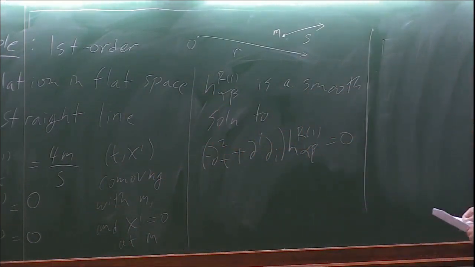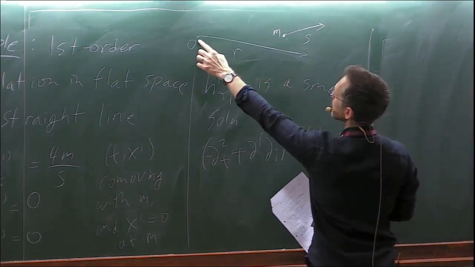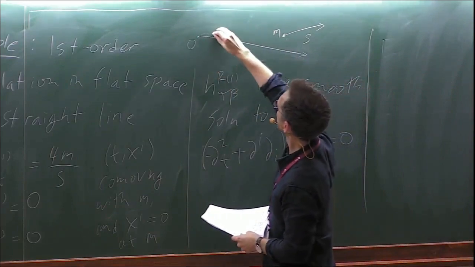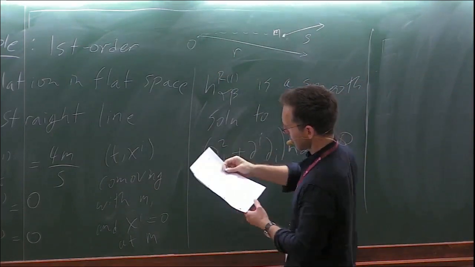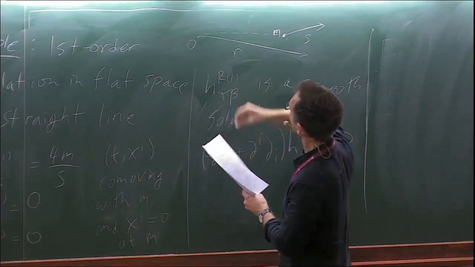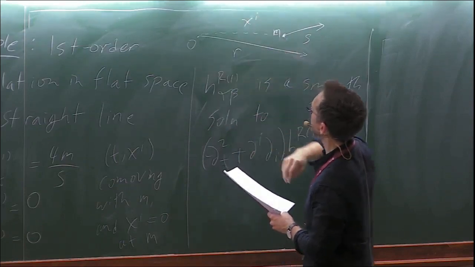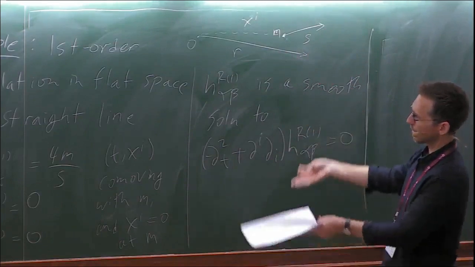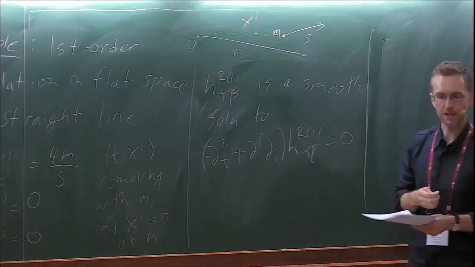Now let's switch to another coordinate system with the origin over here. And now the particle is at a position x^i in this new coordinate system. And it's going to be at a constant position. So we're still co-moving, but we've just translated a little bit away.